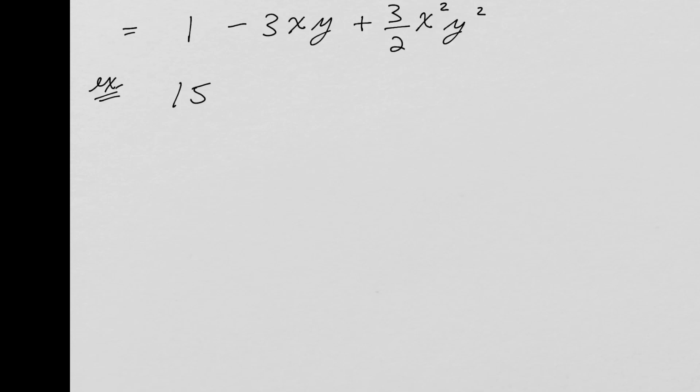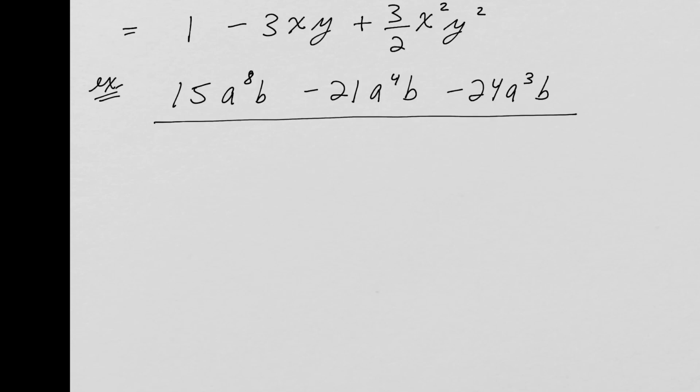Let's say I have 15a to the 8th b minus 21a to the 4th b minus 24a cubed b, and I want to divide by 3a cubed b. All right, so split it up.